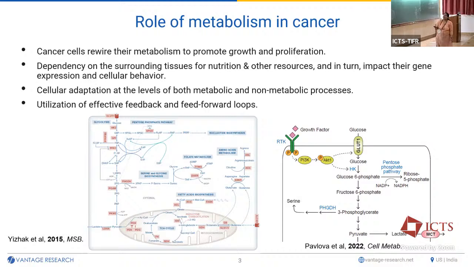Enzymes are proteins that are either associated with cancer, either upregulated or downregulated in cancer, or they could be the targets for the typical cancer. This was a review paper from where I picked up this figure. Very interesting review. This was actually one of the landmark papers where they talk at length about how you can explore the metabolic aspect of cancer in order to come up with novel therapeutics for killing the cancer type.